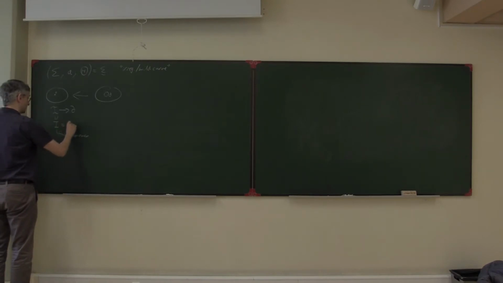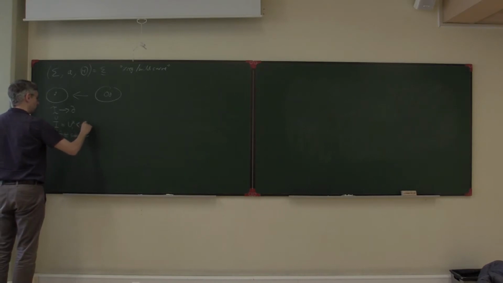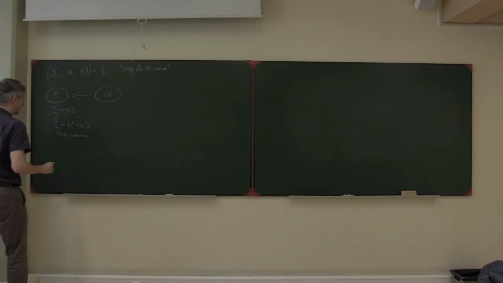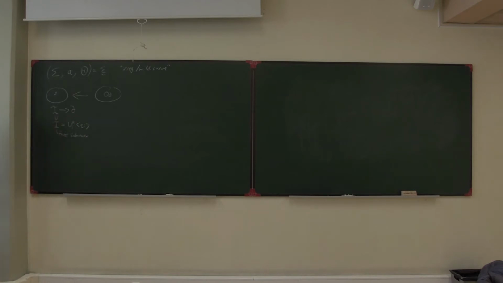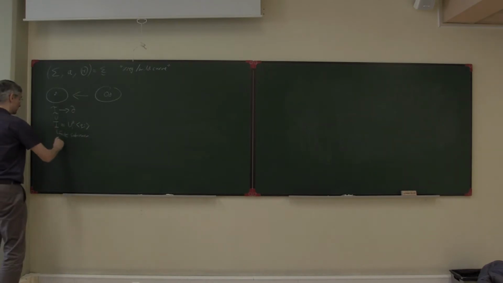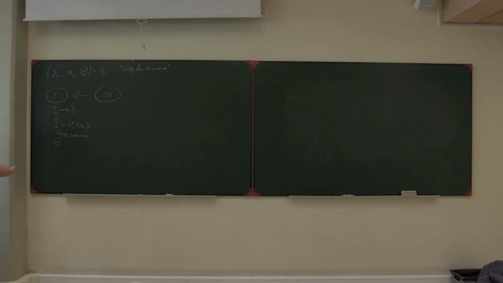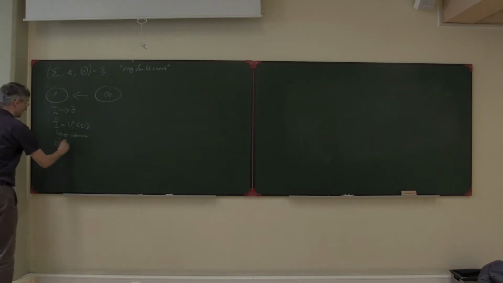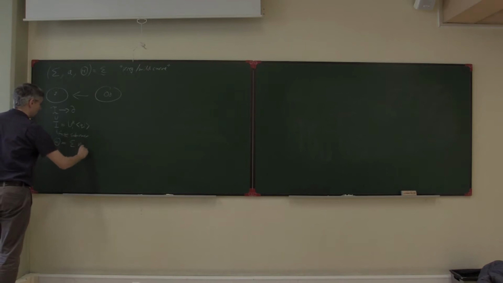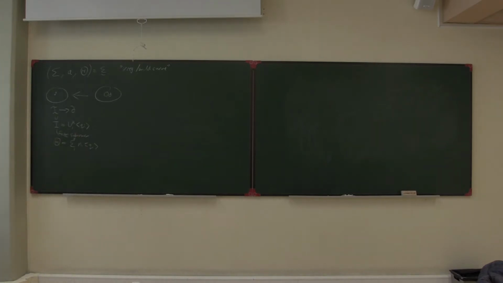So this is something like the union from 1 to k of certain circles qi. And then we wanted to fix a multiplicity for each of those. So theta is the extra choice of an integer greater than or equal to 1 for each circle. So it's something like the sum ni qi, from 1 to k still. So that's the basic data that we wanted to pick.